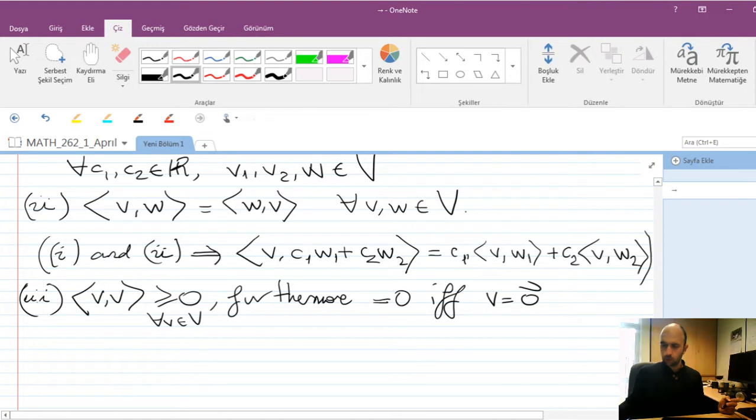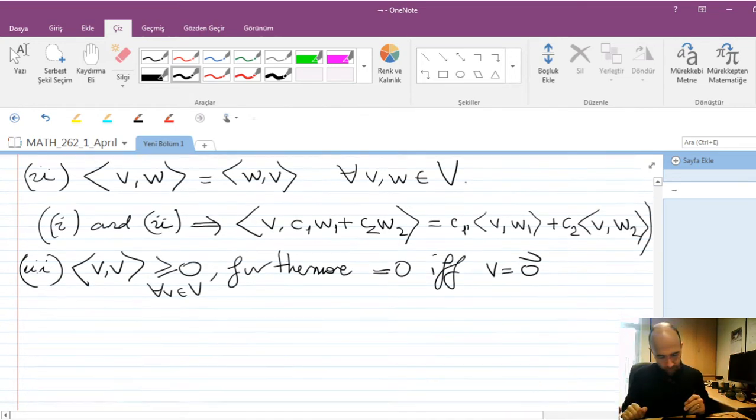So any product like this, which satisfies these rules, is called an inner product on V. The same vector space could carry multiple inner products, and essentially how you should think about it is if you change your inner product, you are changing your notions of length, angle, and similar things. Okay.